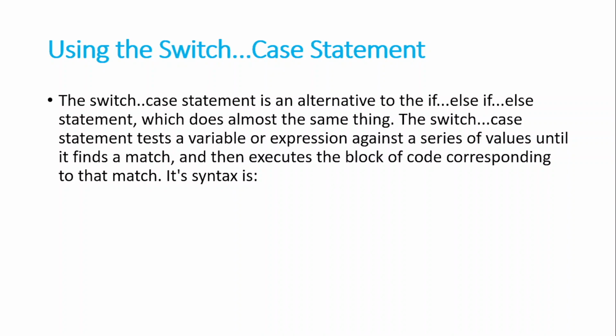If age is equal to, let's say, 15, then what do we want; at 18 what do we want; at 25 what do we want. Similarly, we can do multiple checks in a switch case statement, or check multiple cases for that variable, and if one matches, we can execute a block of code corresponding to that match.